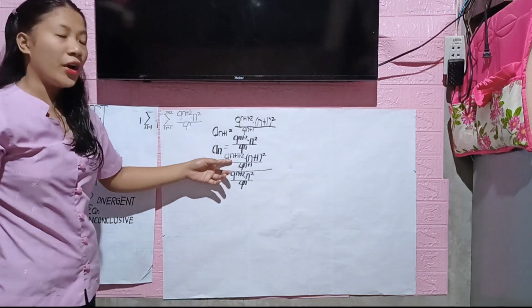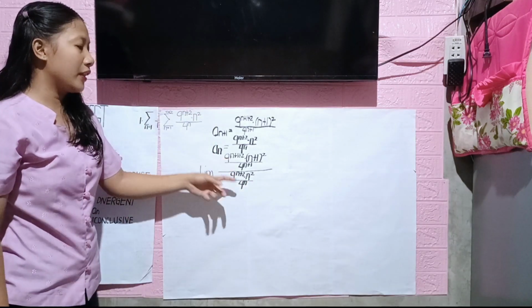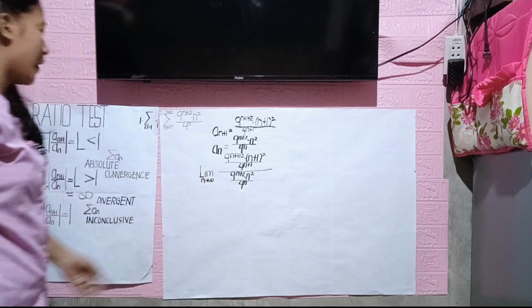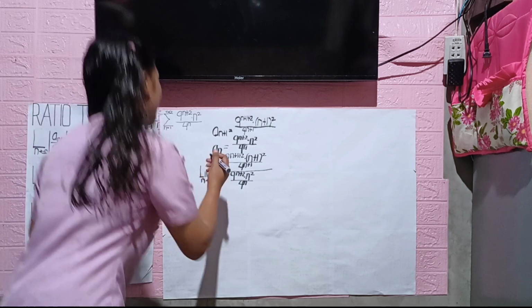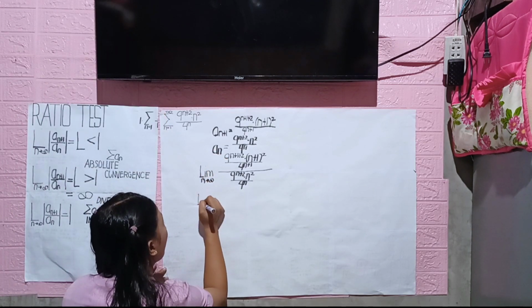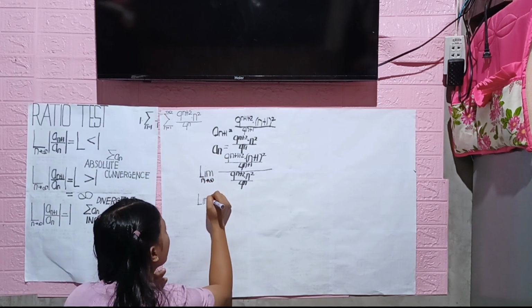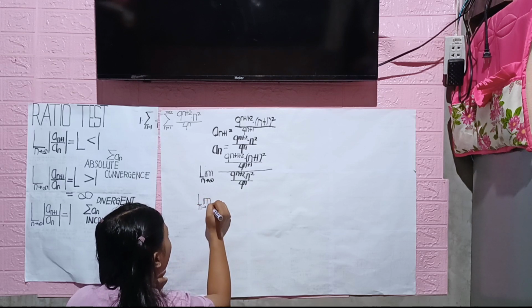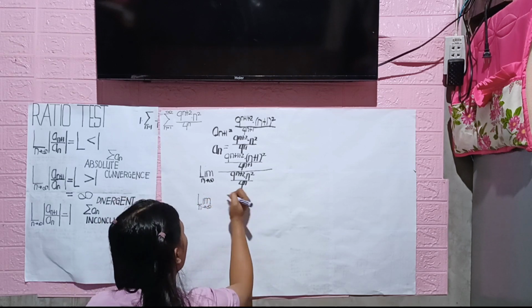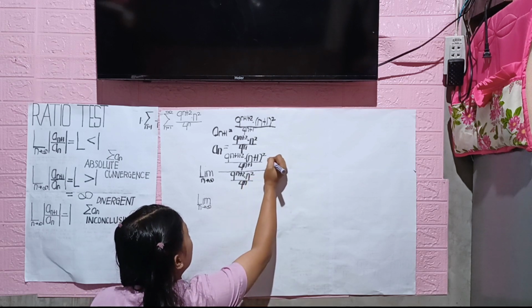So it is our a sub n plus 1 and it is our a sub n. So now, we are going to simplify this. So the limit of n goes to infinity. So, we are going to solve it.